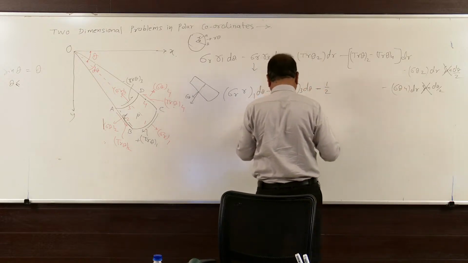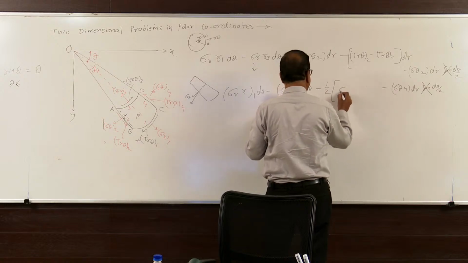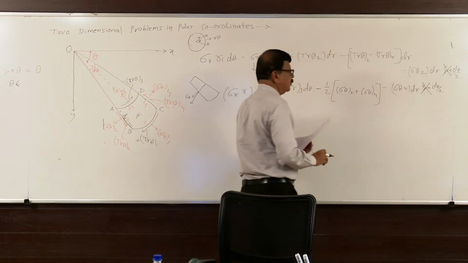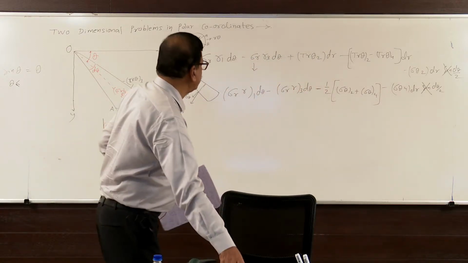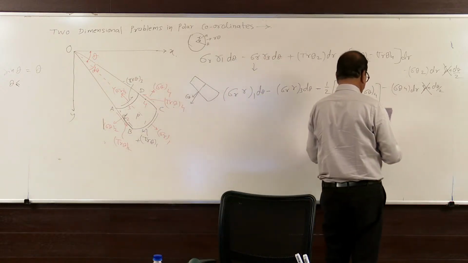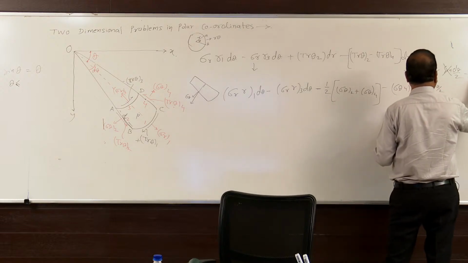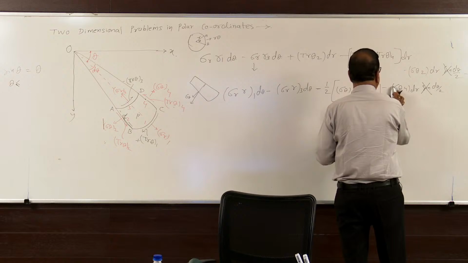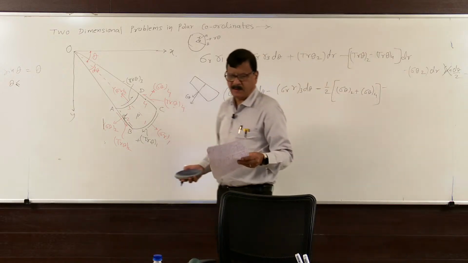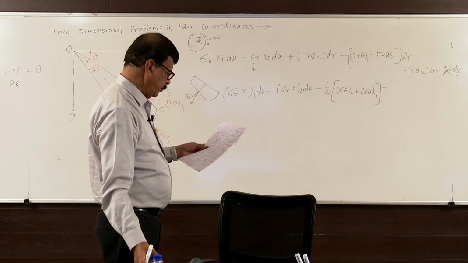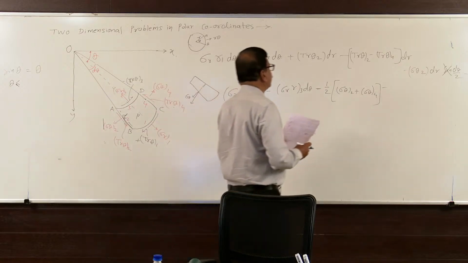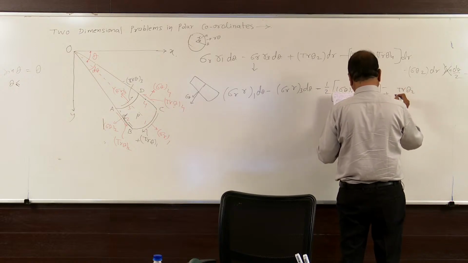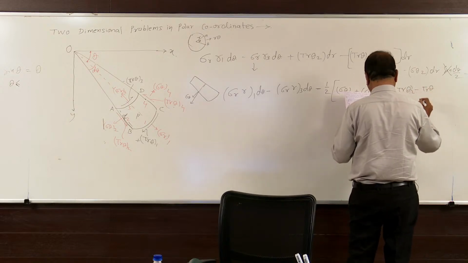So 1 upon 2 we can take common, theta 2 d theta 4 plus tau r theta 2 minus tau r theta 4.